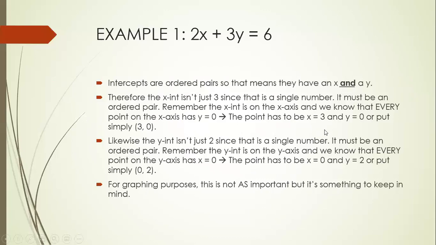You will get really confused. But you have to remember that if you have an x-intercept, it has to be 3, 0. If you have a y-intercept, it's got to be 0, 2. If you just put 2, the computer will say, no, you're wrong.